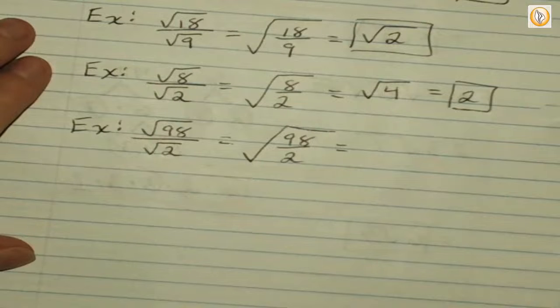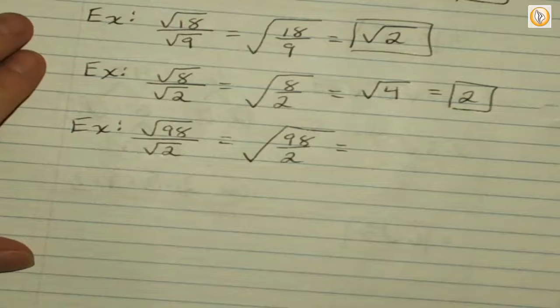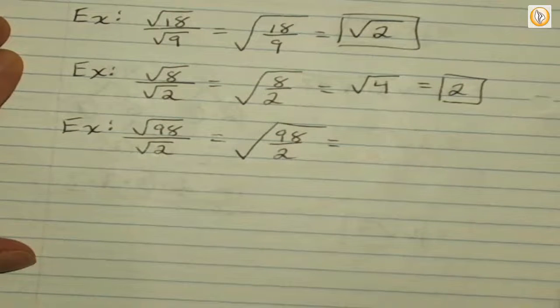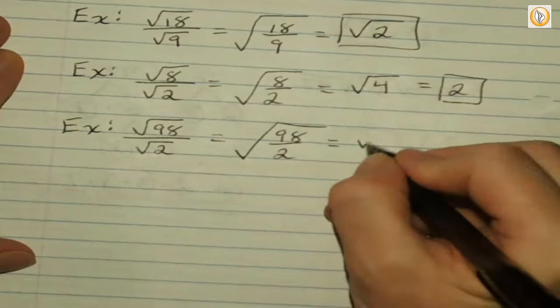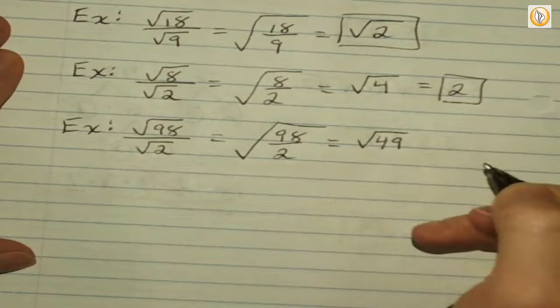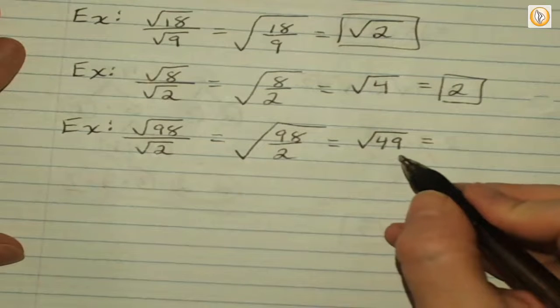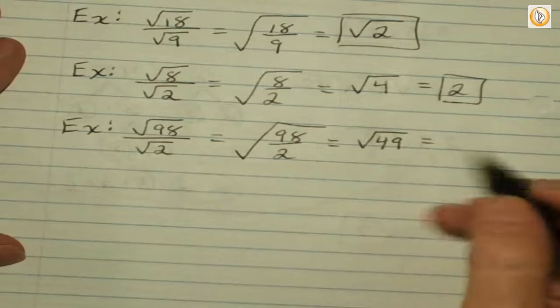Aiden, what's 98 divided by 2? 49. Very good. And we're still under the radical sign. So Joanne, is that a perfect square? What's the square root of 49? 7. Perfect.